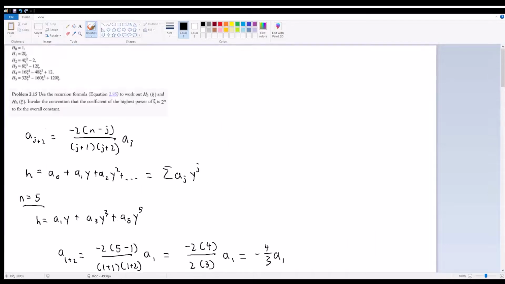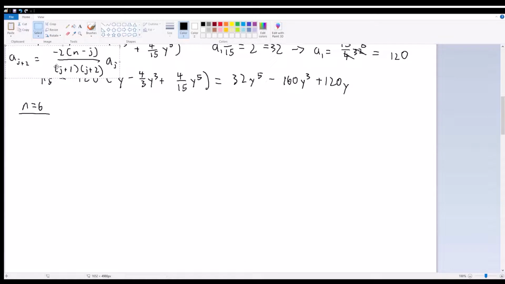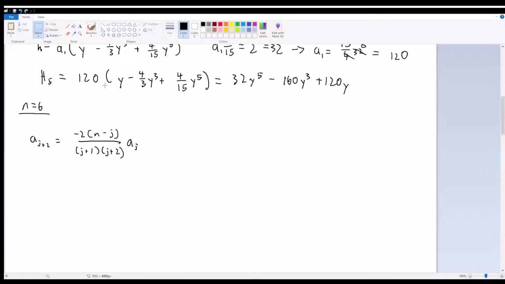Once again, we pull the same recursive formula from before. And we also know that since this is an even term, we're going to be dealing with an even series. So h is going to be equal to a0 plus a2 y squared plus a4 y to the fourth plus a6 y to the power of 6. And since n is equal to 6, this is where it terminates. Let's start with a2.